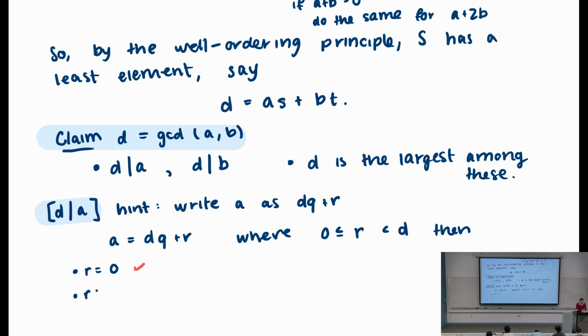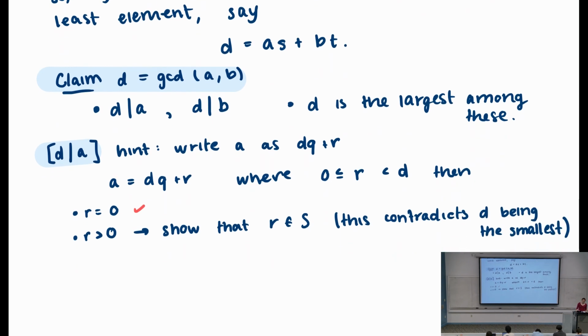And if r is greater than 0, what I'm going to do is try and show that r is an element of S. And this will contradict the fact that d was the smallest element of S. So this contradicts d being the smallest. And so that would mean that this case can't happen.